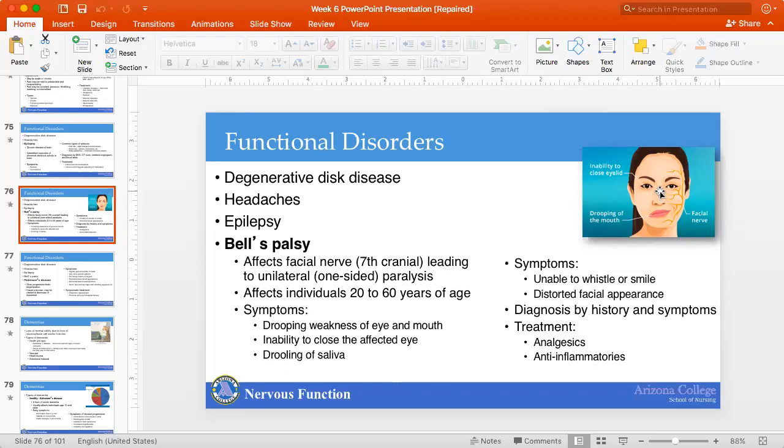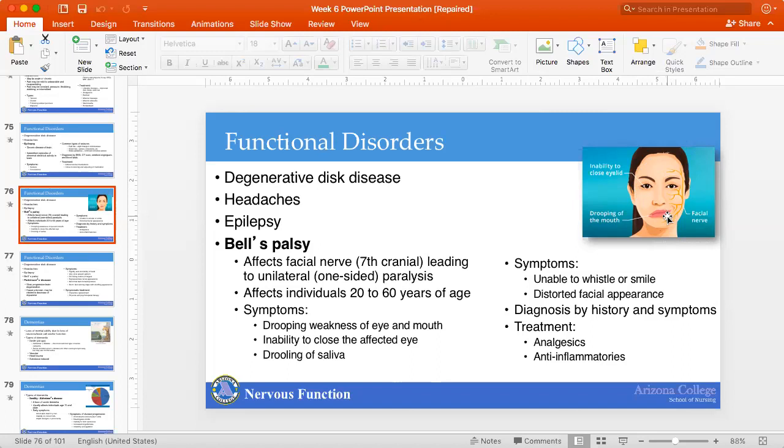So you have one side here that is active and the muscle is working, and you have the other side here where there's paralysis. So if you ever see a picture of someone who's smiling and has Bell's palsy, sometimes the healthy side almost looks like the dysfunctional side, but it's actually the other side.